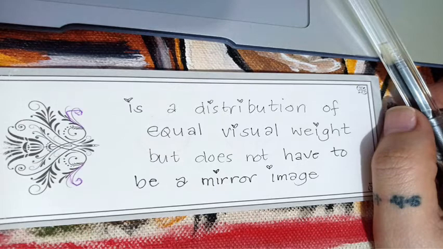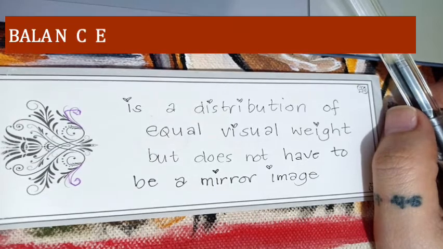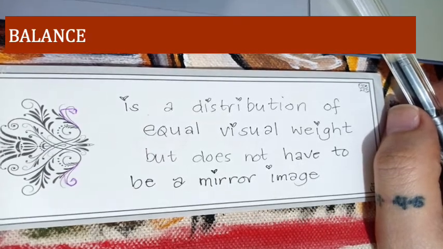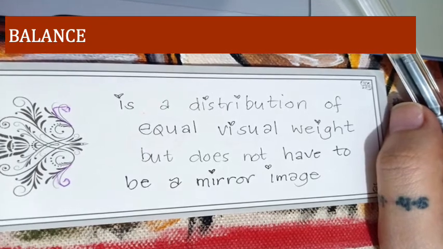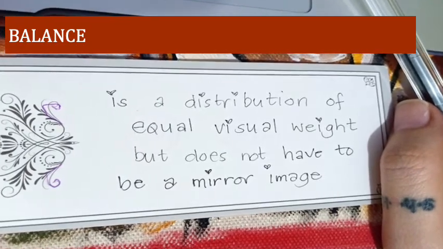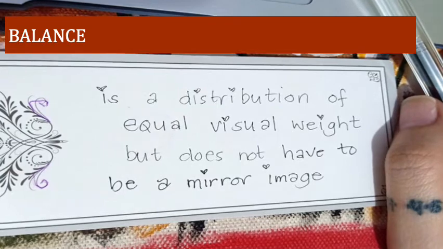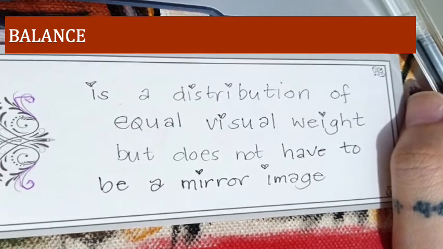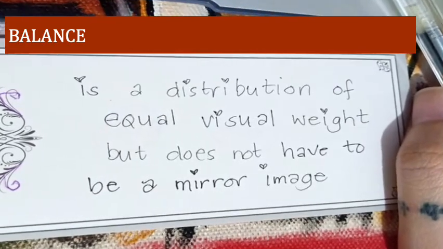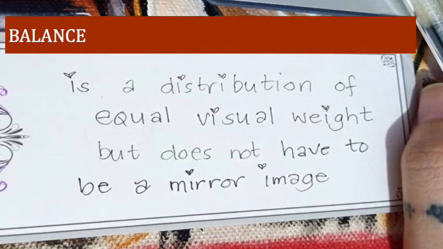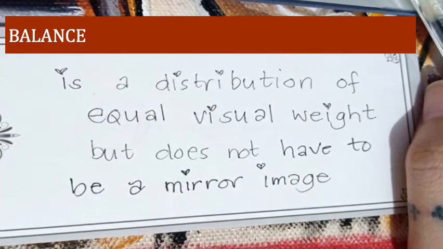Okay, so moving on, we have another principle, which is balance. Balance is a distribution of equal visual weight. But what is important to note with balance is that it doesn't have to be a mirrored image.